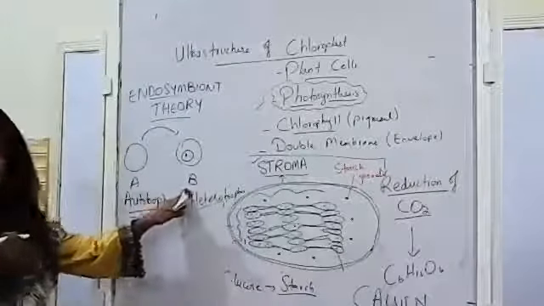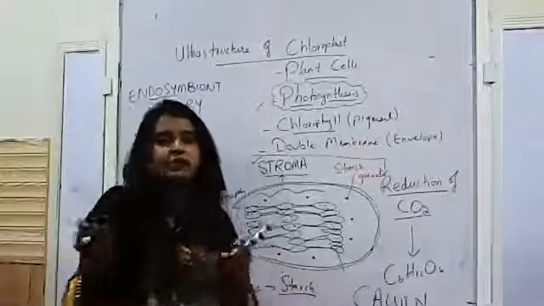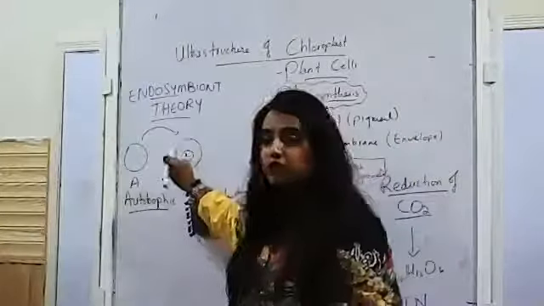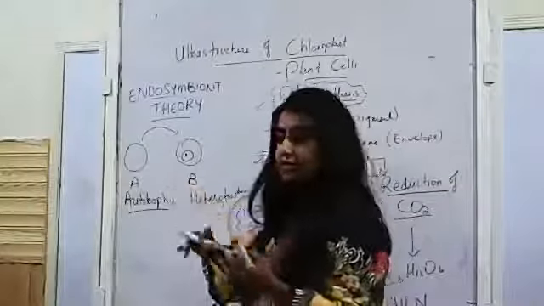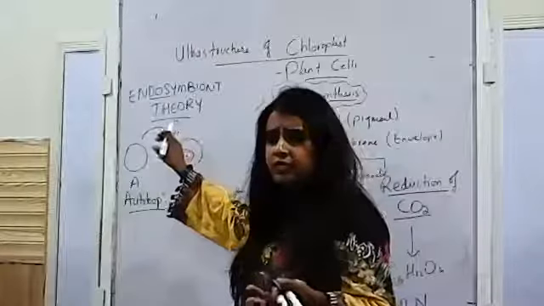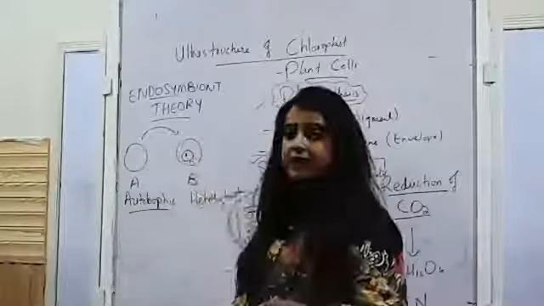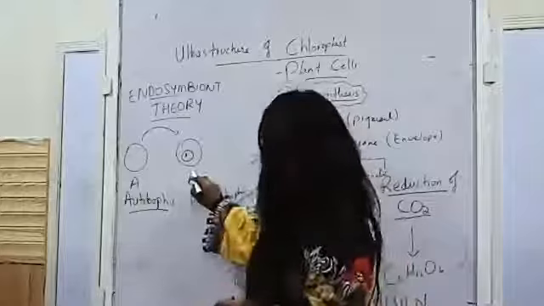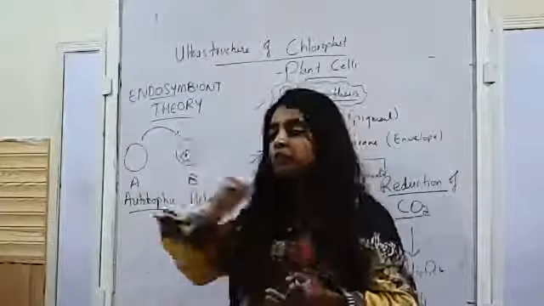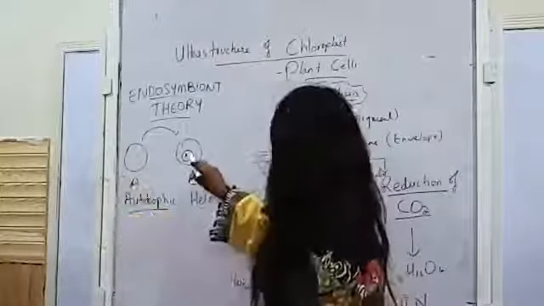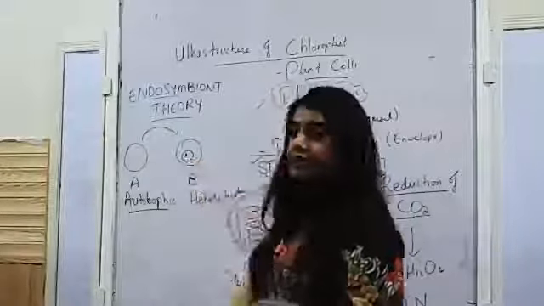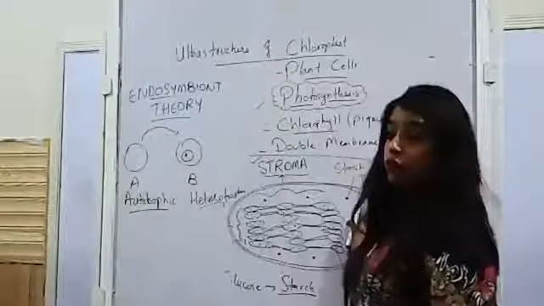So cell B decided not to digest it, just like the aerobic and anaerobic cell. A mutual relationship developed. Cell A was getting protection and a little bit of food for itself as well, and cell B was getting food, right? So cell B did not digest cell A, and over millions and billions of years, this mutual relationship continued, and cell A changed into today's chloroplast.